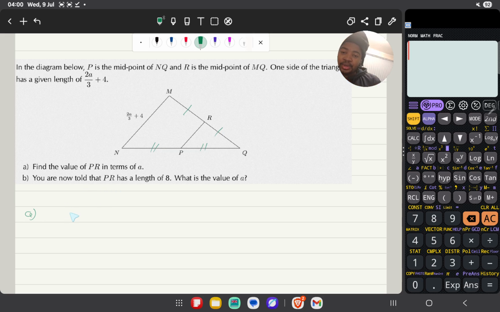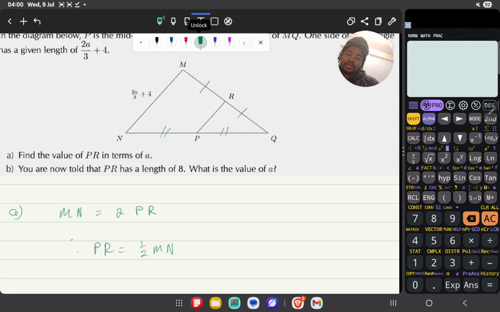The midpoint theorem says that MN is equal to twice PR, so I can rewrite it and say PR is equal to half of MN, and here they said find PR in terms of A.